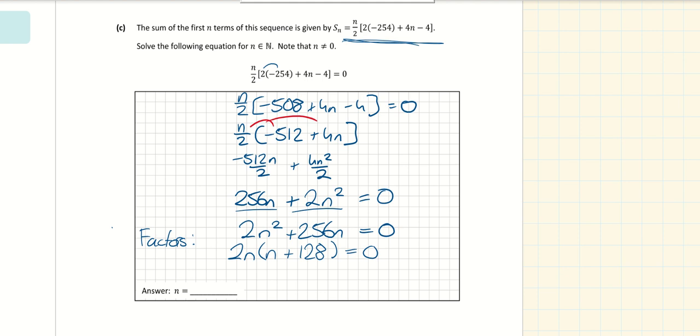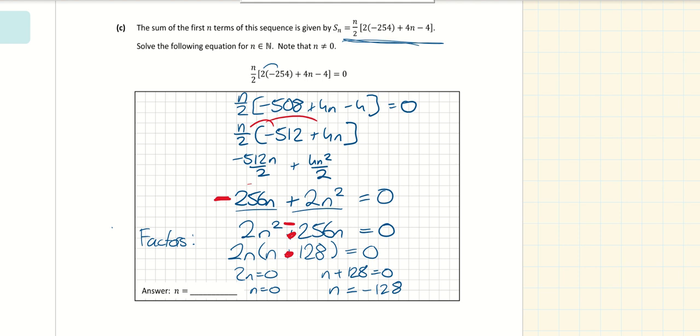Yeah, it's 256. So we've got 2n equals 0, meaning n equals 0. You've got n plus 128 equals 0, which means n is minus 128. Oh, I have missed out on a minus here. So you see this 256, there should be a minus there.